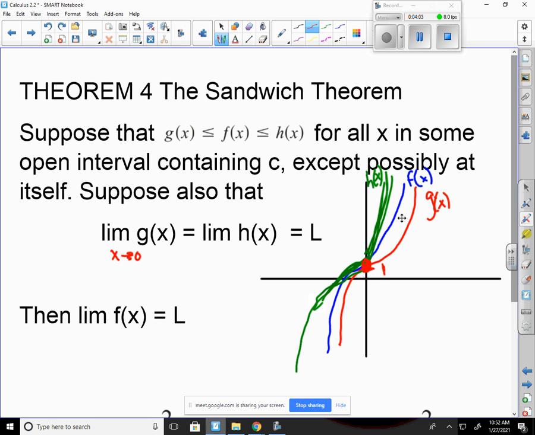So because f of x is always going to be between h of x and g of x, if the limit is L for g of x, and the limit is L for h of x, then the limit has to be L for f of x. This is also called the squeeze theorem.